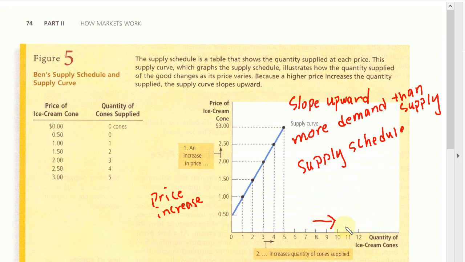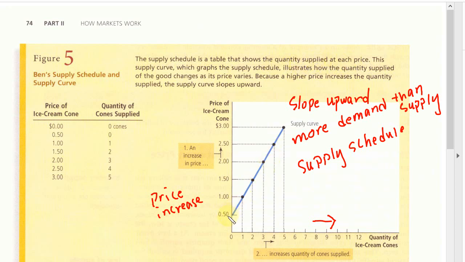Like this. This is a price schedule, and this is a price curve here. As you can see in the explanation for the table here, the price schedule is a table that shows the quantity supplied at each price.